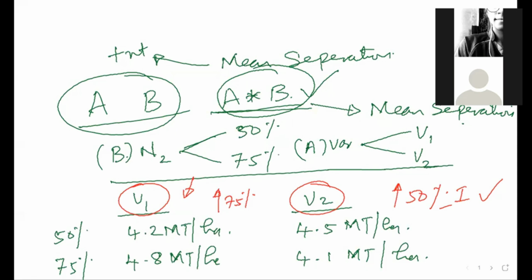Here, factorial means a treatment combination setup, a treatment arrangement setup. So it can be RCBD, it can be CRD. All are the same. Yes, I gave an example.